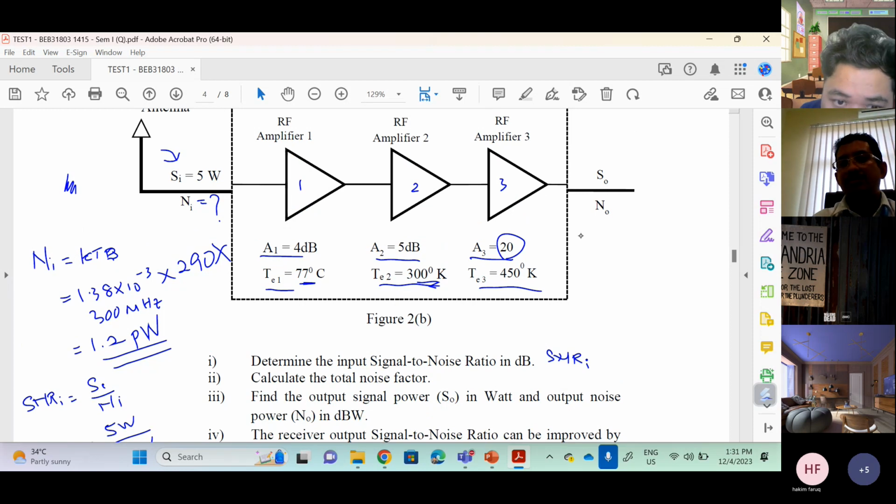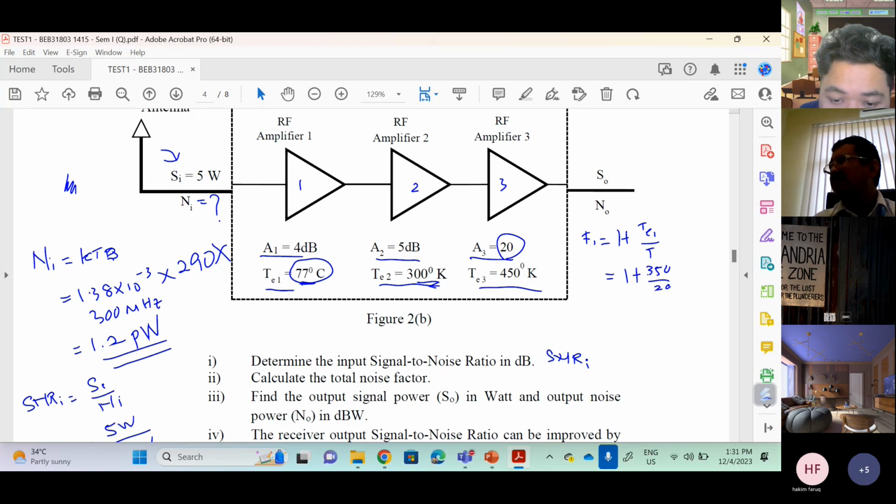amplifier. Okay, so F1 is equal to 1 plus TE1 over T. So you're gonna get 1 plus 350, ini adalah 350 Kelvin, so 350 over 290. So you can dapat 2.201. Okay.